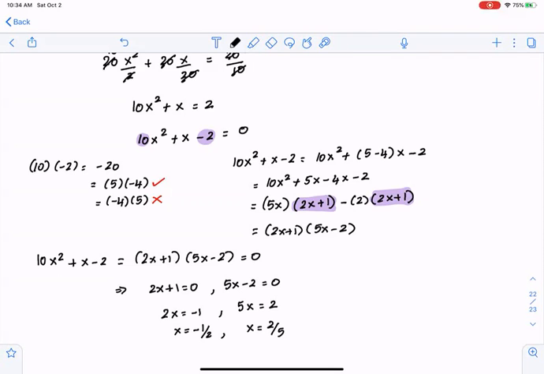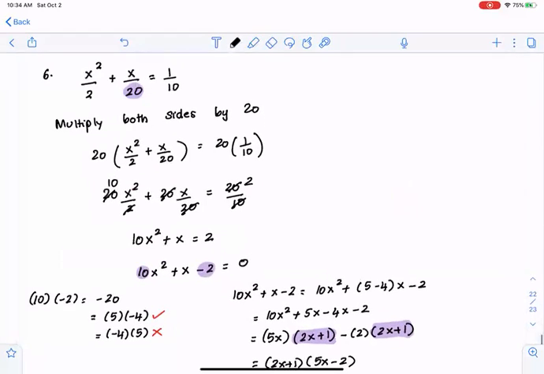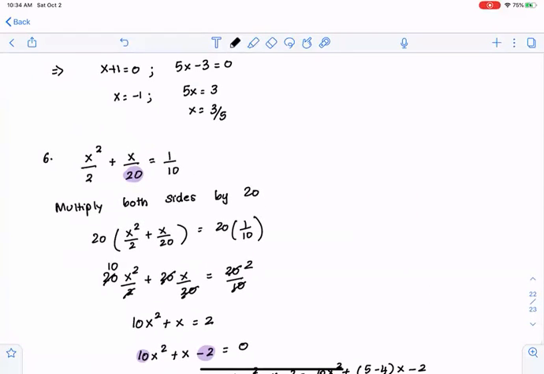And those are the two solutions. So the process is ultimately the same, but the idea is to rewrite the given expression in a simpler form by eliminating the fractions.